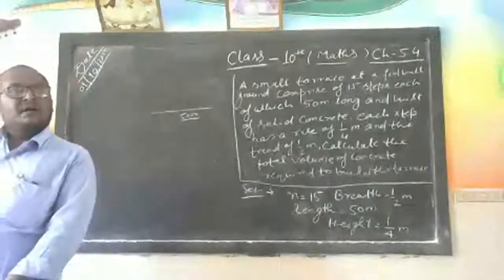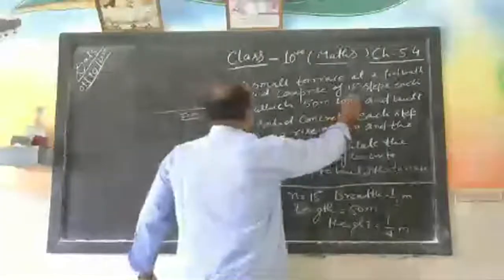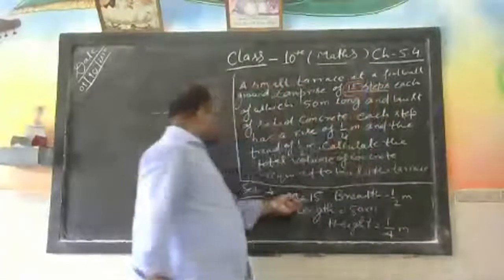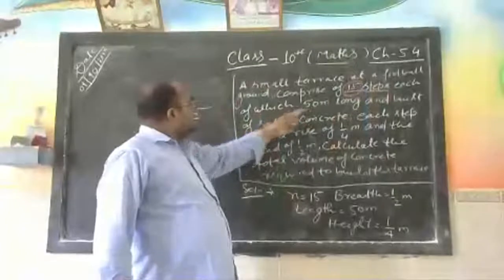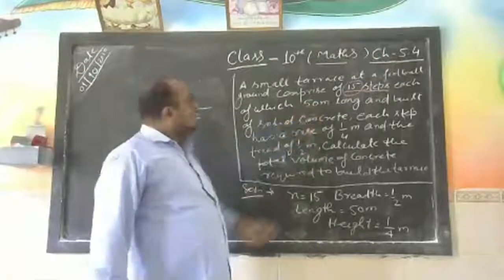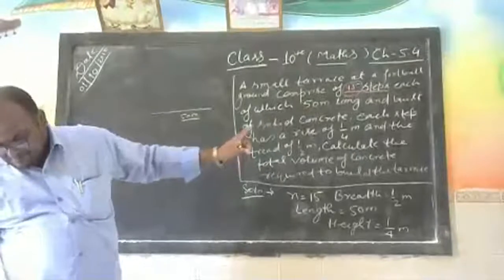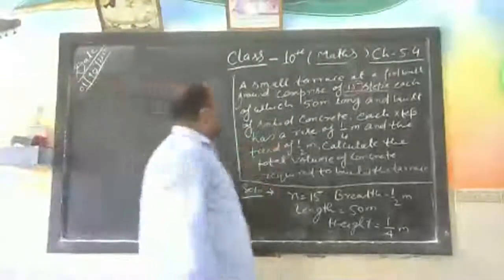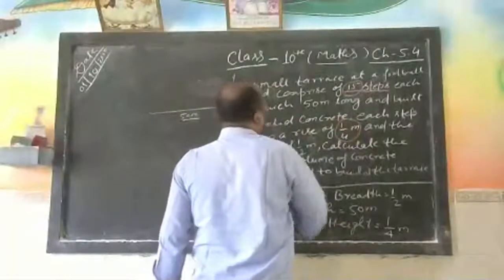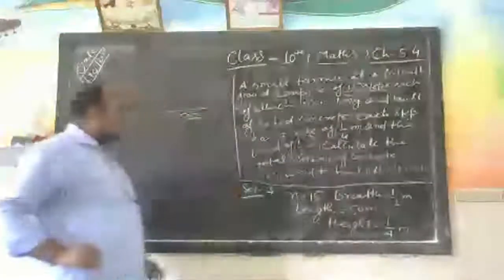Clear? This is the total number of steps, which is n is equal to 15. It is already mentioned. The total length of the step is 50 meter, the height is given here 1 upon 4, and the breadth is given here 1 upon 2.